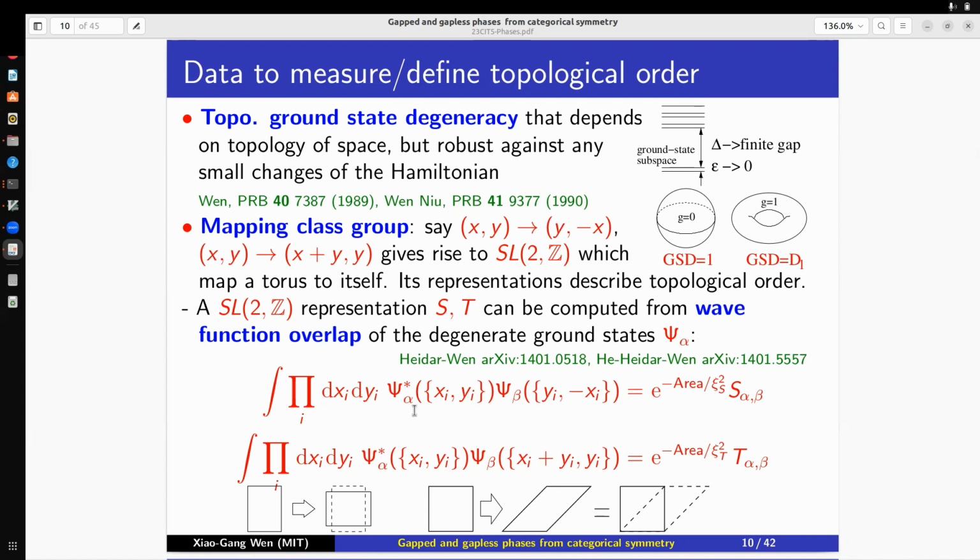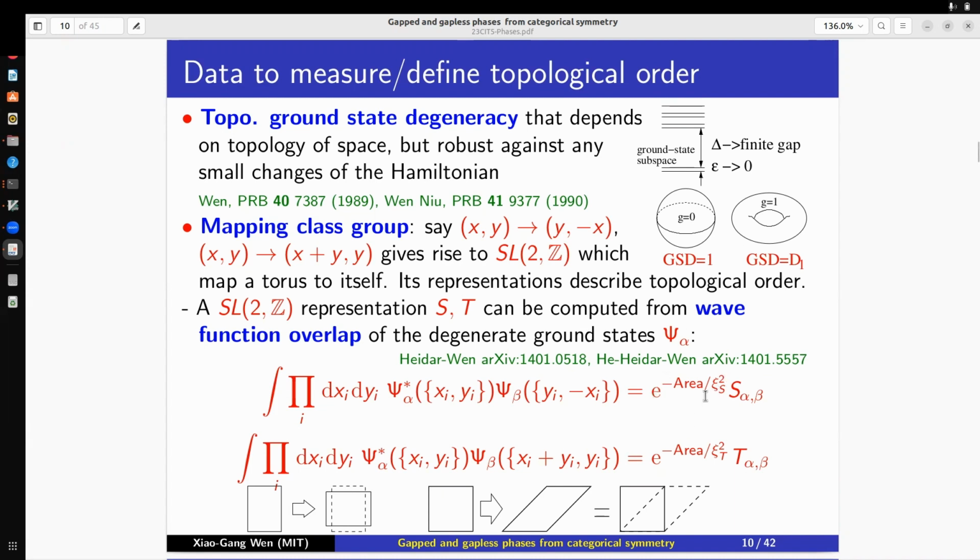Then we consider the overlap of two ground state wave functions rotated by 90 degrees, that is, from (x,y) to (y,-x). Our Hamiltonian doesn't have rotation symmetry. Therefore, after rotation, the overlap is very tiny, almost no overlap. The overlap is like e to the minus area of the system divided by some coherence length, something like that.